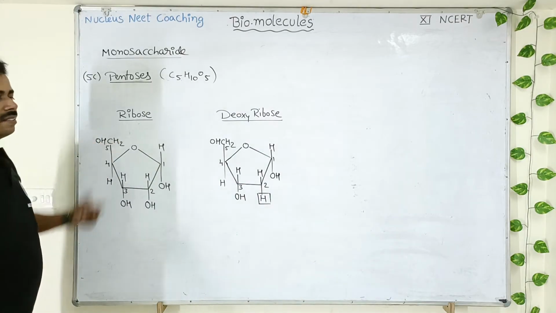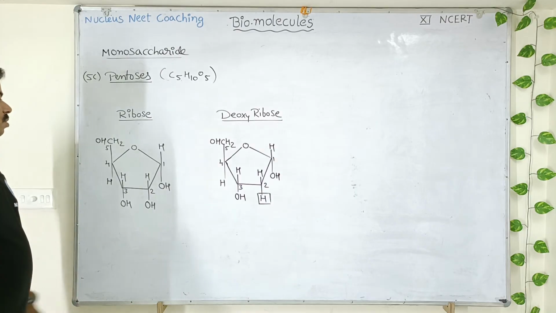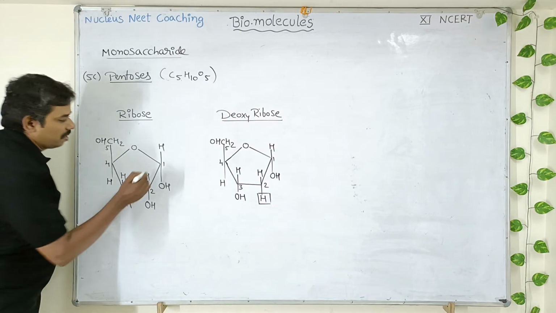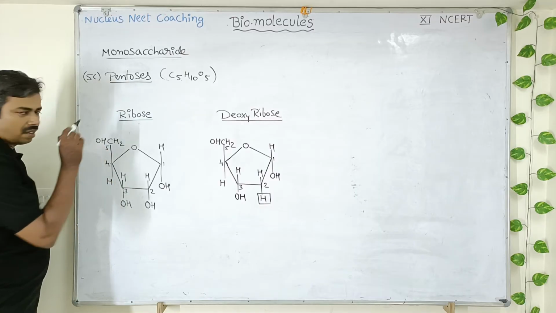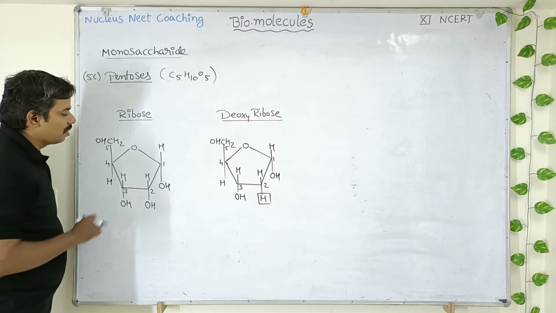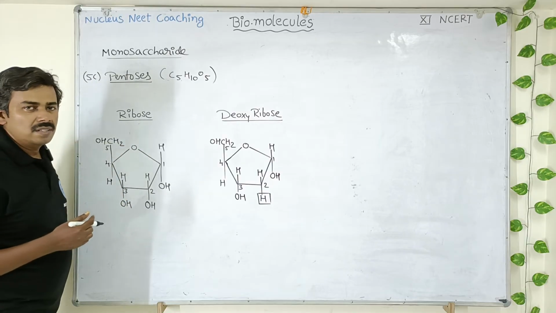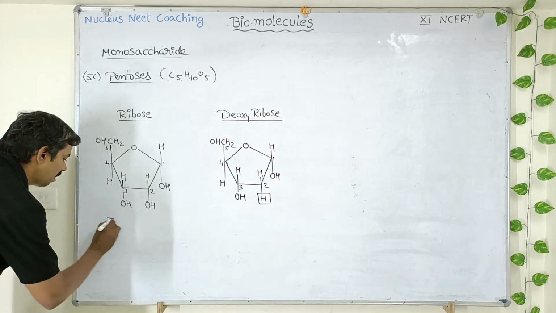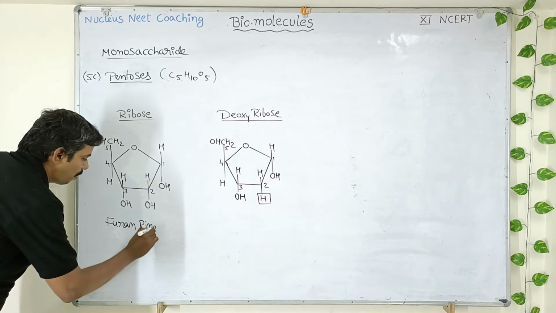First let us study the structure of ribose sugar, the pentose sugar. In ribose sugar you can see there are 5 carbons: first, second, third, fourth and fifth carbon. They are forming a ring-like structure. What type of ring is this, students? This is a furan ring, which is a 5-membered ring.